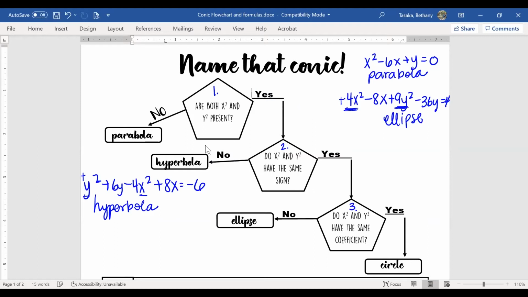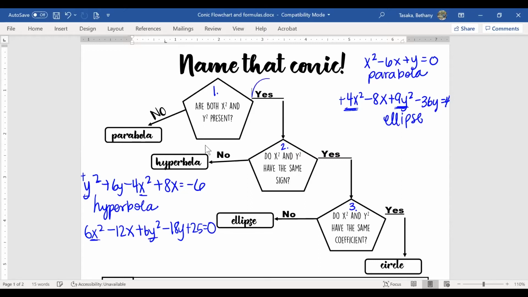So hopefully you get the idea of this. I can look for one that's a circle. We could also do one like this: 6x squared minus 12x plus 6y squared minus 18y plus 25 is 0. Let's start with our first question. Are both x squared and y squared present?